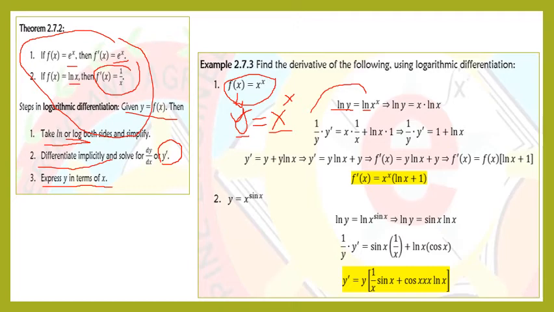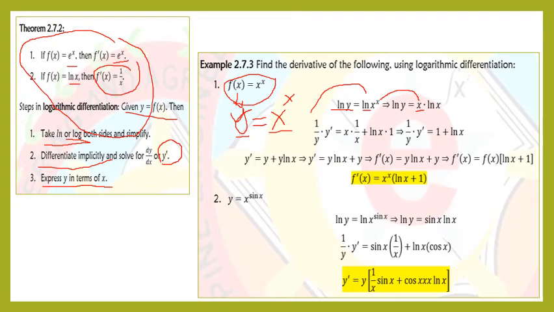Okay, ln of y, class, is equal to, okay, doon sa properties ng logarithmic function, pag may exponent, ibaba natin siya. So, that's why etong x na yan, galing yan dito sa exponent na yan. Okay, so we are left with ln x. So, x times the ln of x.